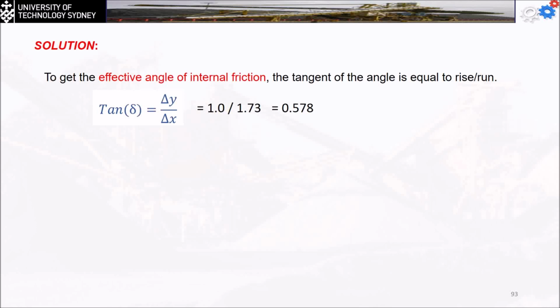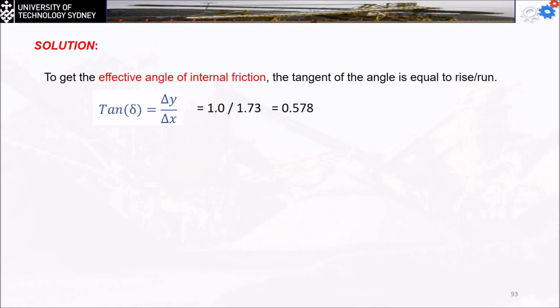So first I'm going to find the value of delta. The tangent of delta is going to be delta y divided by delta x in the diagram I have, right? This is the tangent of the line. So it's going to be 1 divided by 1.73, and the tangent of delta is equal to 0.578, which is the mu value.